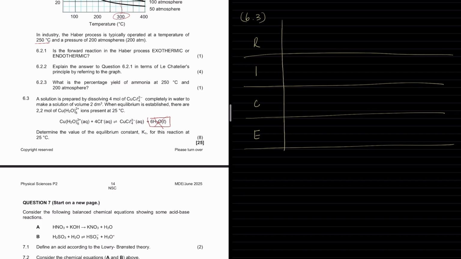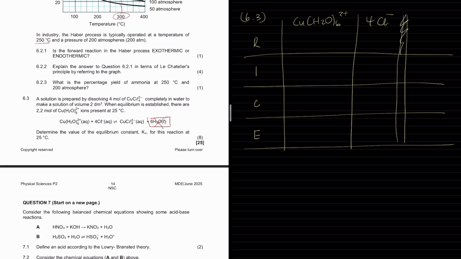So I will draw in here Cu(H2O)6 2+, then 4Cl minus, and I'm going to use a double line here just to separate the reactants and products, and then I'm going to have CuCl4 2 minus.